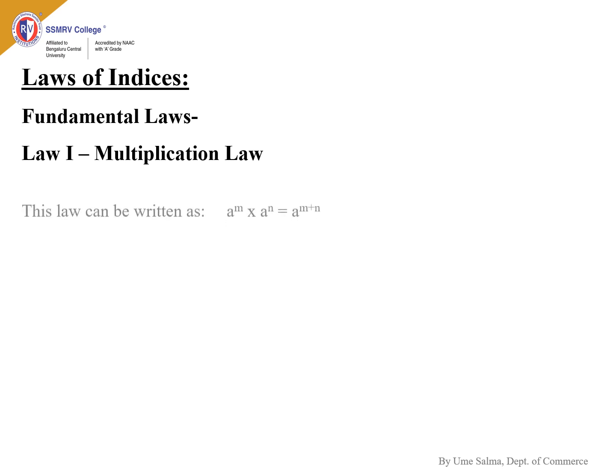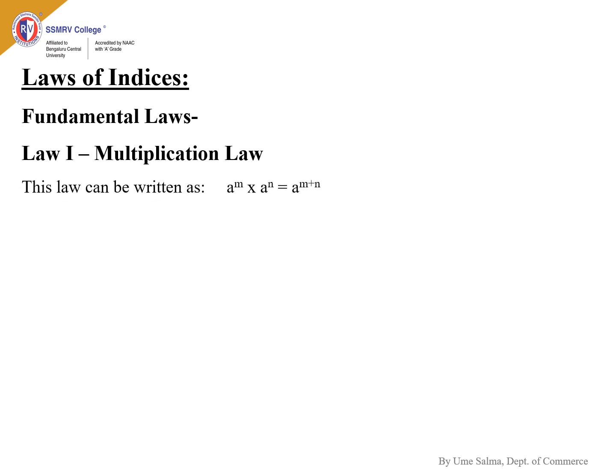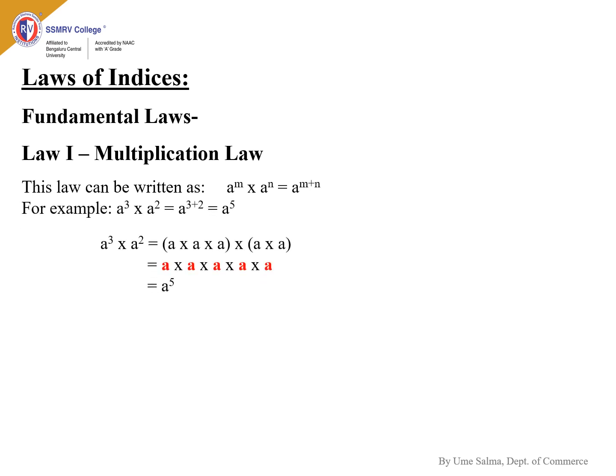Now let us look at the first law, which is the multiplication law. This law can be written as a to the power m into a to the power n is equal to a to the power m plus n. This will be explained using an example. Here a to the power 3 into a to the power 2 will be equal to a to the power 3 plus 2.